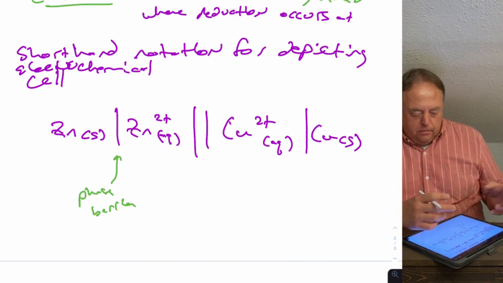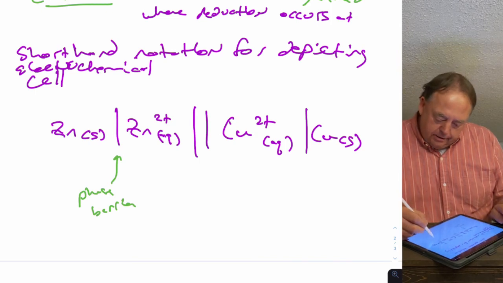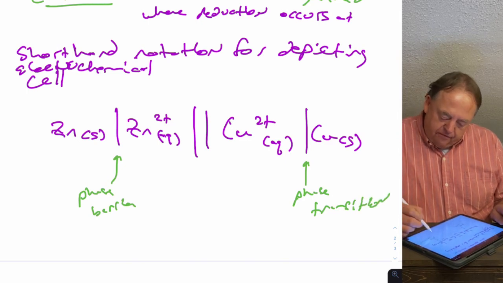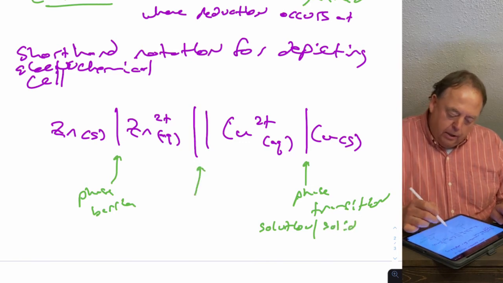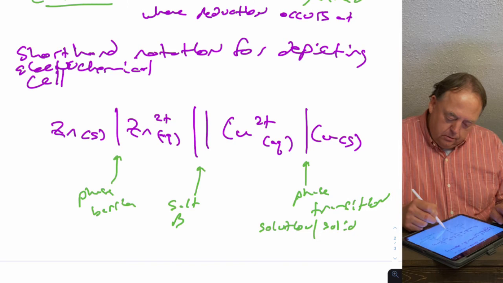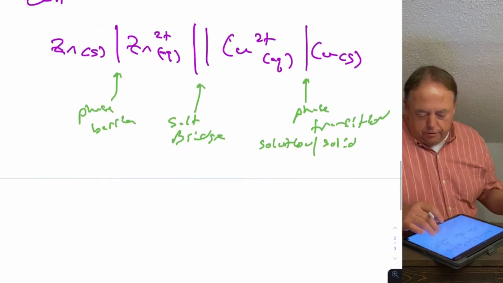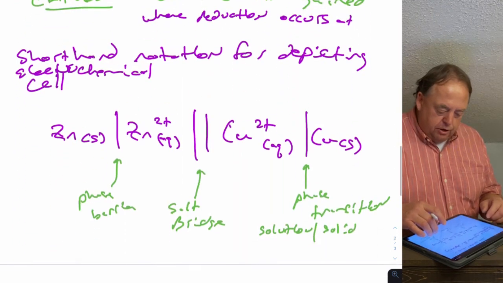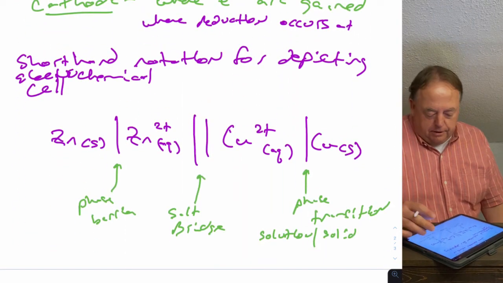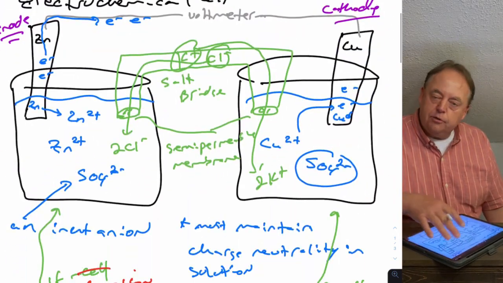So zinc is a solid, and zinc 2+ is in solution, aqueous, so there's a phase transition there. And the same is true here. That just means there's a phase transition from solution to solid. And the double lines in the middle mean a salt bridge. One thing you should be able to do is, if you're given a depiction like this, write the shorthand notation for the cell, or the opposite: if I give you the shorthand notation for the cell, be able to sketch out what the electrochemical cell looks like.